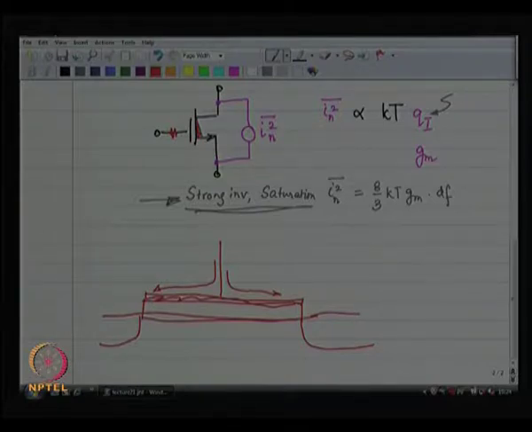And the gate is not made up of metal, it is made up of polysilicon. All modern processes, the gate is no longer made up of metal. Polysilicon is also the same material that is used to make resistors. So, the gate material is resistive, and as a result you are going to get an effective resistance as far as the gate is concerned.